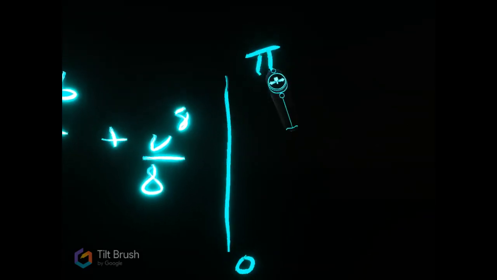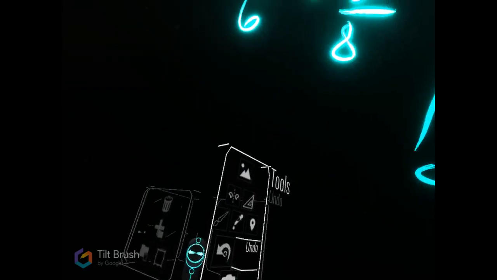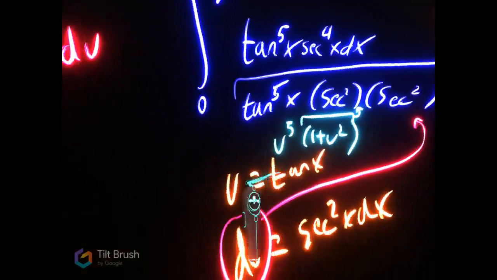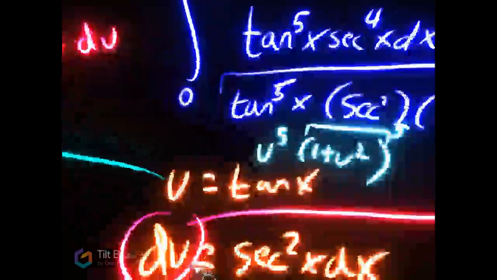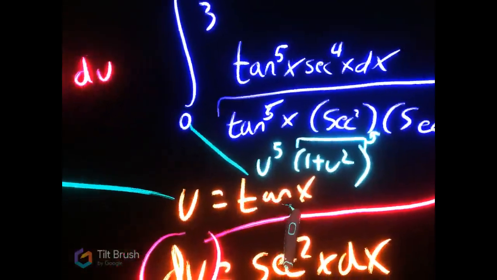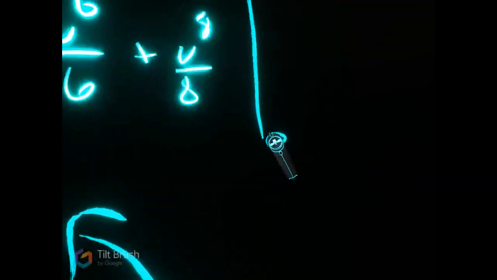0 to pi over 3. Oh, silly me. We had to change the bounds. So we could just substitute u back in, right? But instead, I'm just going to plug in these old bounds. So tan of 0 is 0. So we still got 0 at the bottom bound.